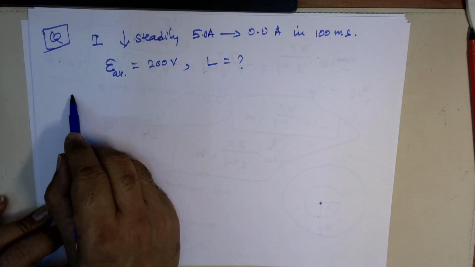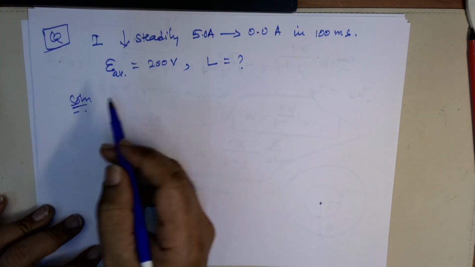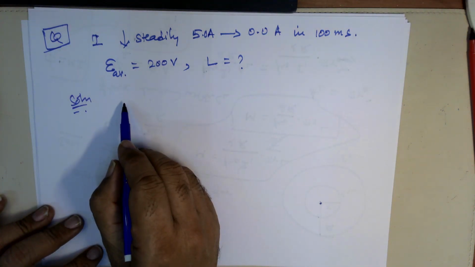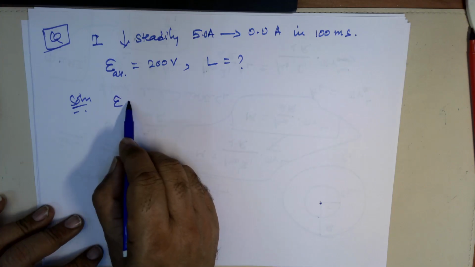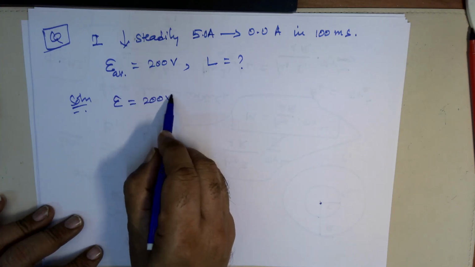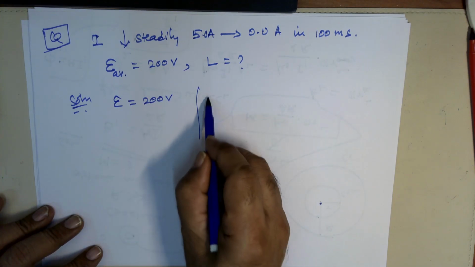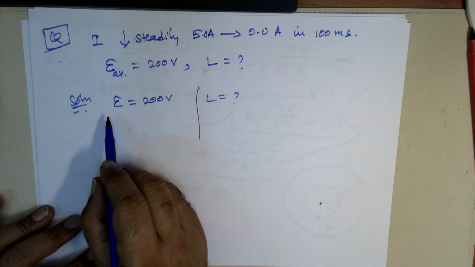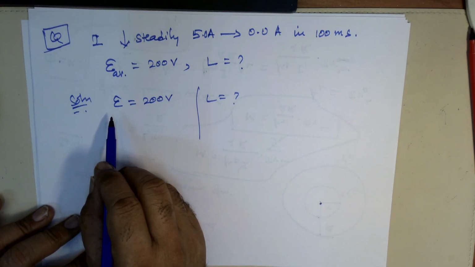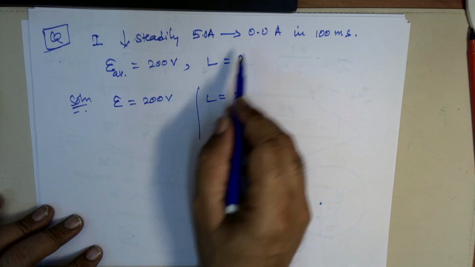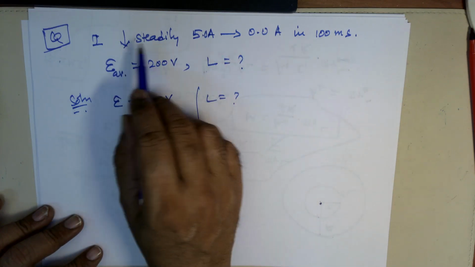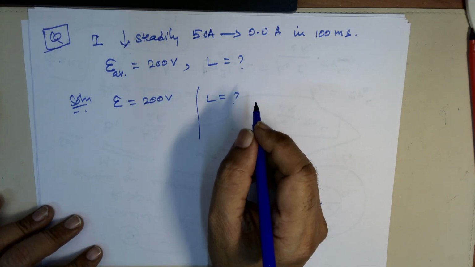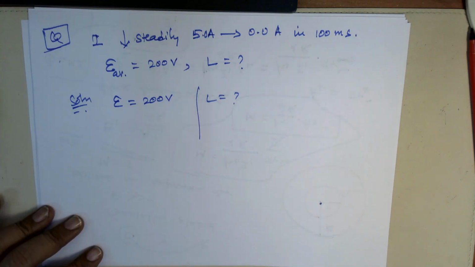Now, solution. What are given? Induced EMF is given. How much? 200 volt. And then L is asked. Then there is a steady decrease in the current, from how many ampere to how many ampere? 5 ampere to 0 ampere.